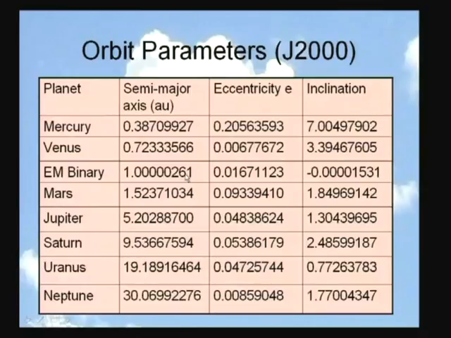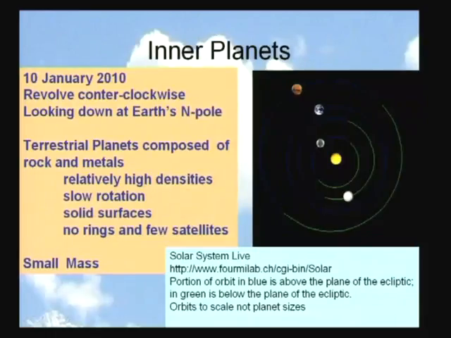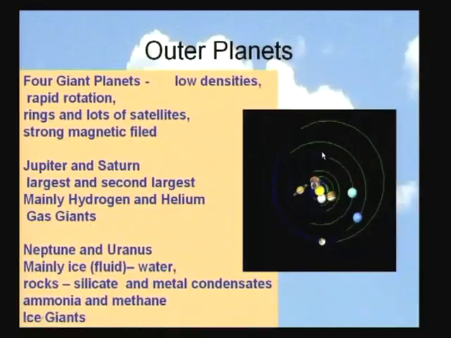Okay. So, that is a point to remember, that the scale over here, the outermost Mars is 1.5 astronomical units, whereas this is 30 astronomical units. Okay.